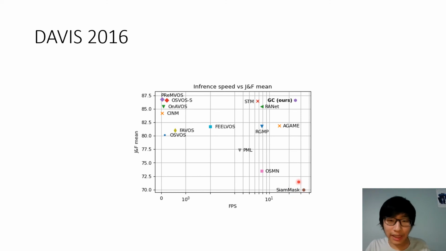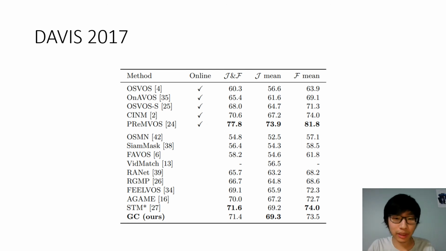So the end result is that it's quite clearly in the top right corner in this graph, which shows how well it handles the trade-off between speed and accuracy. On DAVIS 2017, the situation is basically similar.